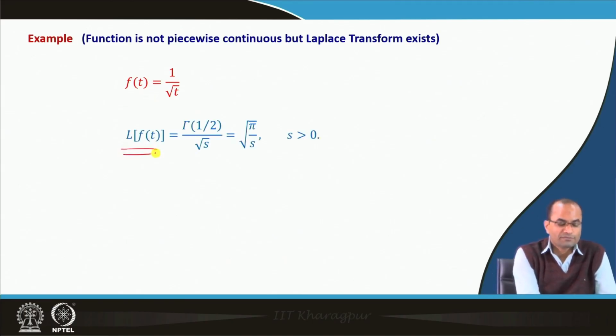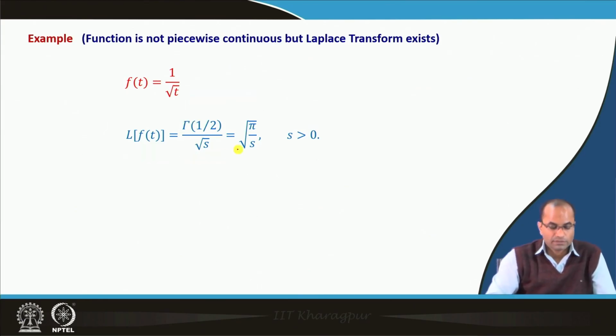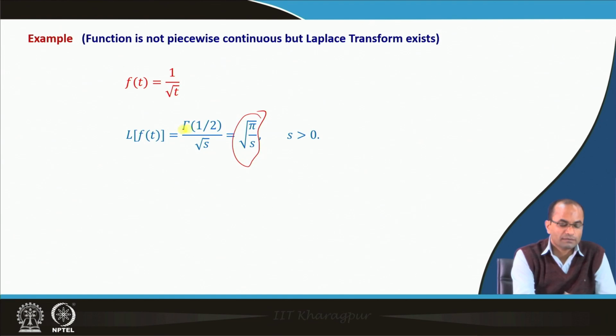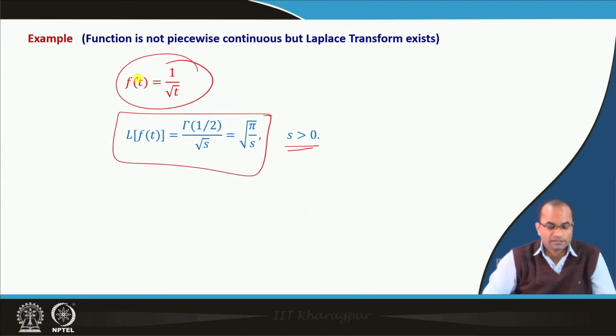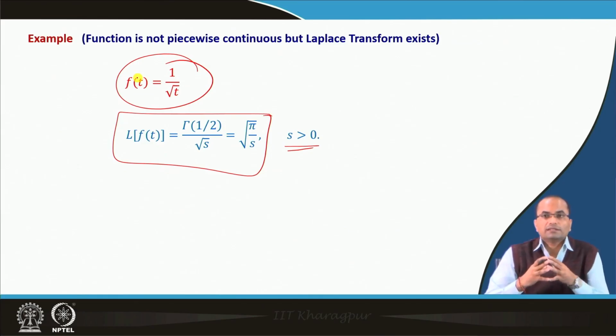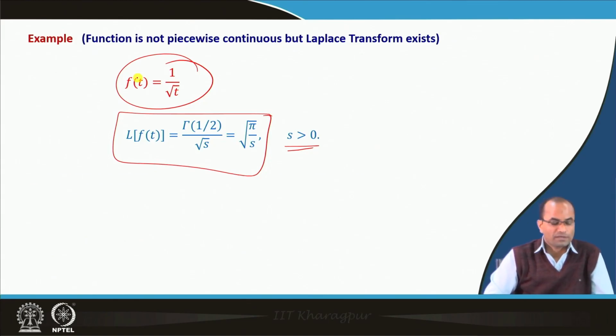But the Laplace transform of f t, for which we have already derived this formula, it is t power minus half, and that gives gamma half over square root s. So, we have square root pi, the gamma half is square root pi, over square root s for s positive. So, we have the Laplace transform for this function which is not piecewise continuous. So, again this piecewise continuity and the exponential order, these are sufficient conditions, these are not necessary conditions for the existence of Laplace transform.